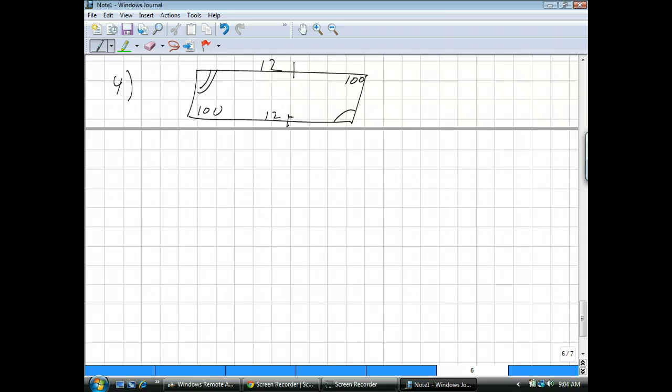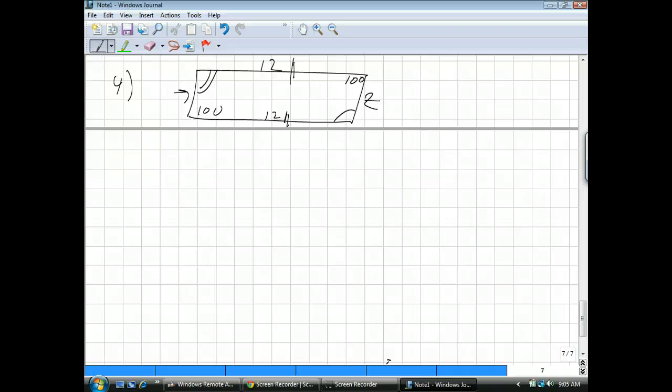I can't say opposite sides are parallel. I cannot say both pairs of opposite sides are congruent, because I know nothing about this side or this side. I can't say one pair of opposite sides are both congruent and parallel, because this is congruent, but I have no way of getting that side parallel.